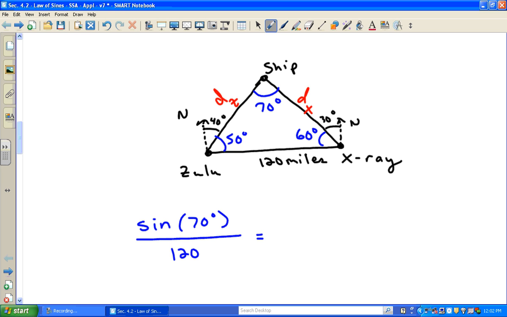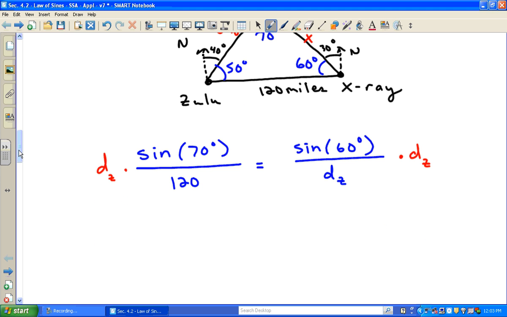And let's say I'm trying to figure out the distance between Zulu and the ship. So that would be d sub z. The angle that goes with that side is 60 degrees. So I'll have sine of 60 degrees divided by d sub z. To solve this, I want to multiply both sides by d sub z.